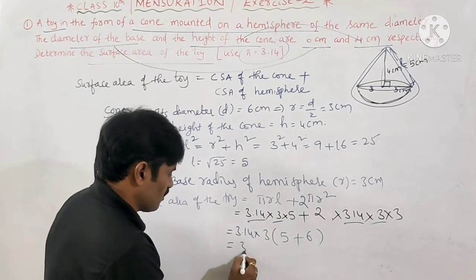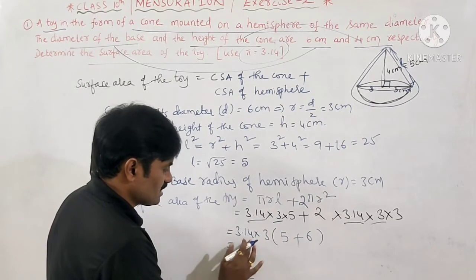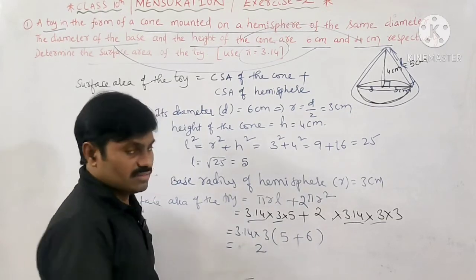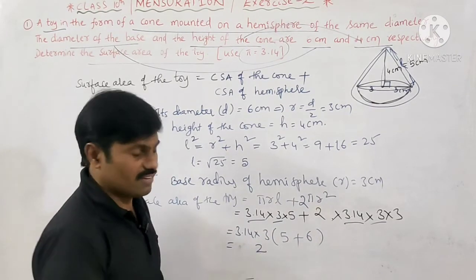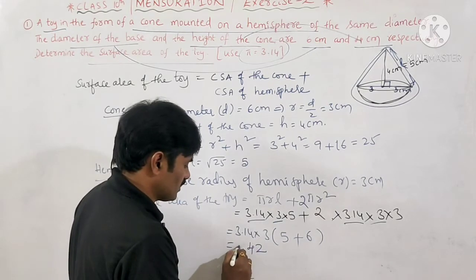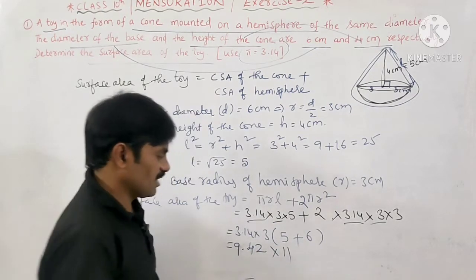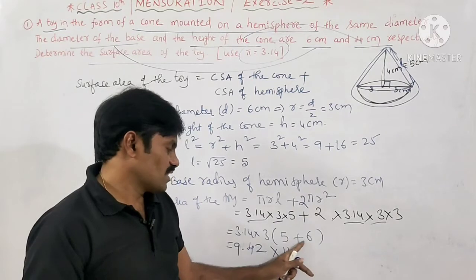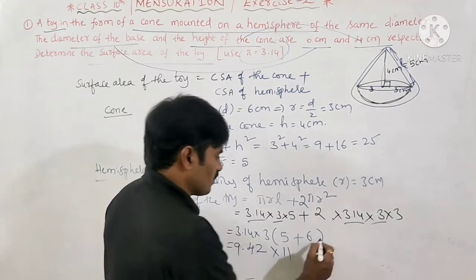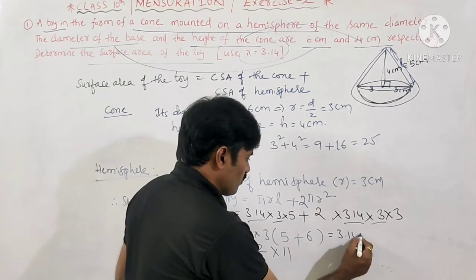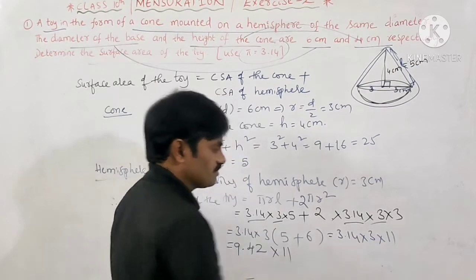That is equal to 3.14 into 3 into 11. If we simplify, 3 4s are 12, 3 1s are 3 plus 1, 4. 3 3s are 9, into 11. So we get 3.14 into 3 into 11.